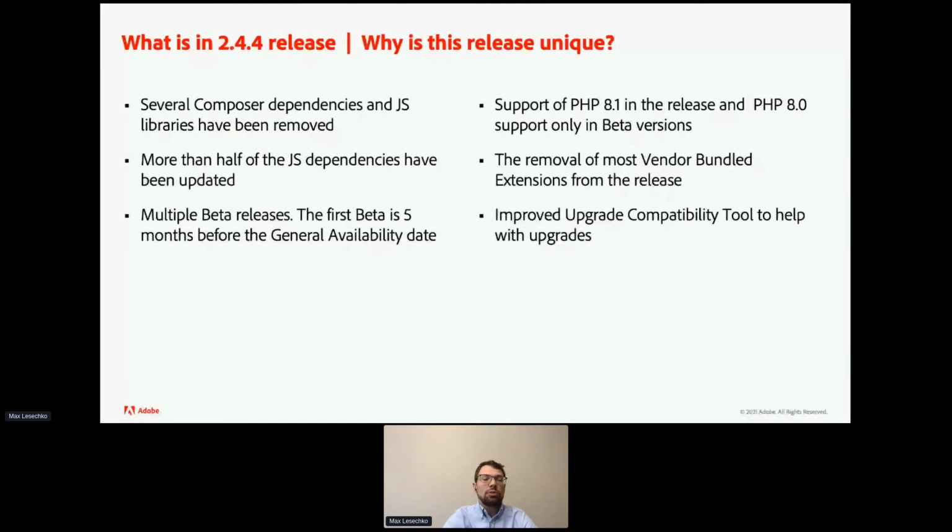More than half of the JavaScript dependencies were updated, and it is not only small dependencies. Some of them are important, vital for the system, and pretty impactful. We will have multiple beta releases for the 2.4.4 release. We have not had this before.